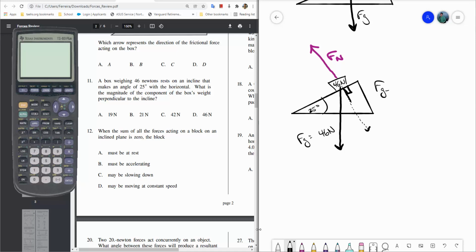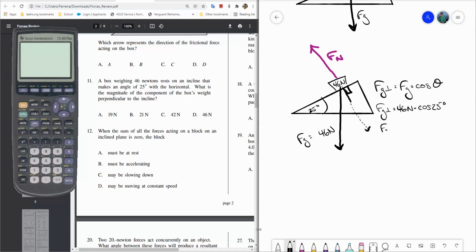And to find that, you use this equation: the force of gravity times cos theta. If you plug in these numbers, the force of gravity perpendicular is equal to 46 newtons times the cosine of the angle 25 degrees.